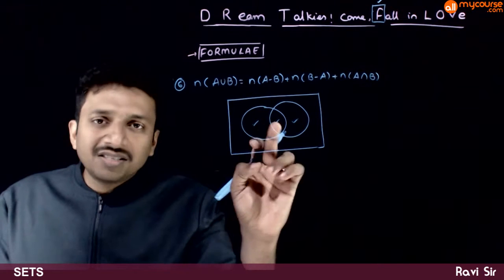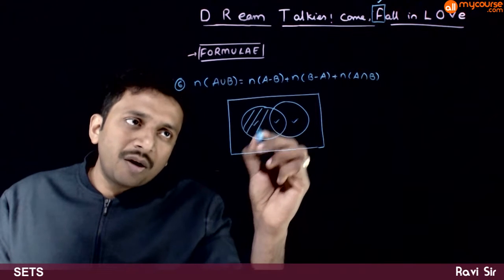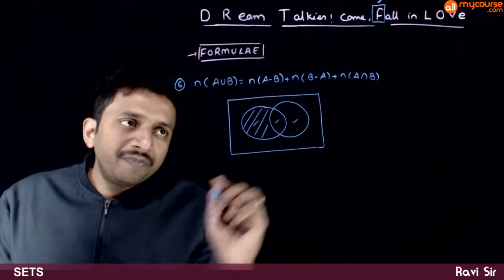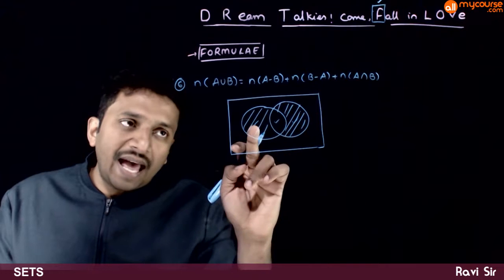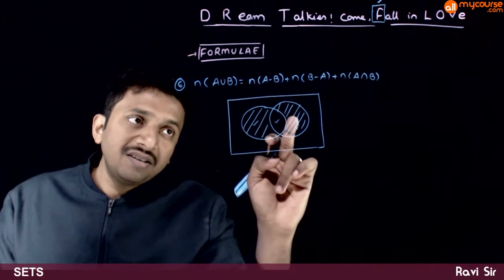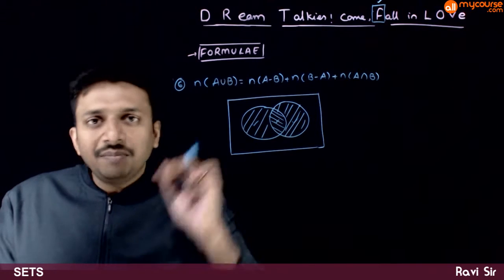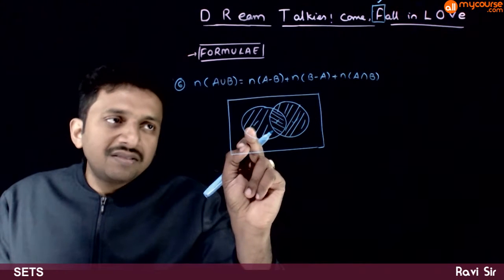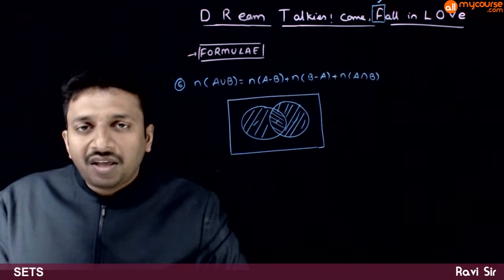These are the three regions which need to be considered. And the first region can be thought of as n of A minus B. And this region is nothing but n of B minus A. I'll add the elements in this region, and n of A intersection B, the middle region. If I add elements in this region, and this region, you get the total number of elements in A union B.